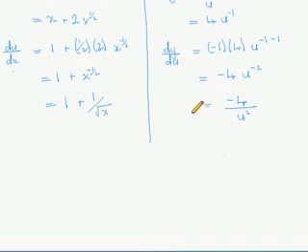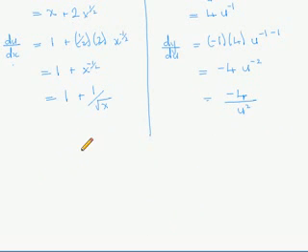Okay, so just putting these in there, we have dy/dx is equal to first dy/du, which is minus 4 on u squared, okay, that's the first.